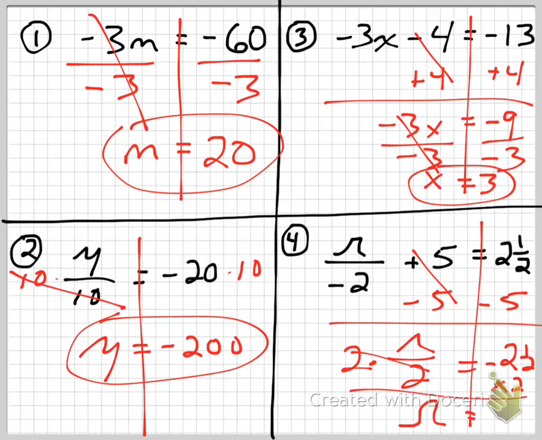R equals, what is -2.5 times a positive 2? 2.5 times 2 is? Oh, right, divided by negative. Good. So it should be negative. What is -2.5 times a -2? Back to 5. R equals 5.